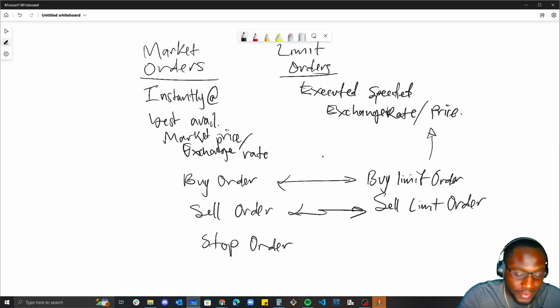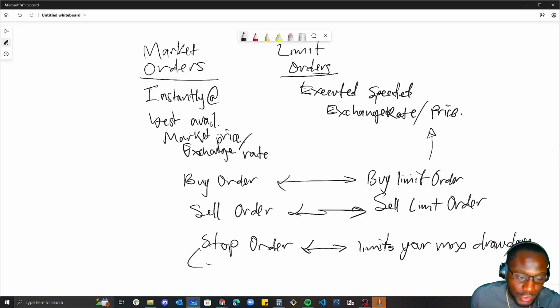If you're going to go long, you place a buy order, or if you plan on setting a buy limit order, whatever your strategy is, when you place them, you gotta place the stop order in conjunction. So this is an order that really limits your maximum drawdown.